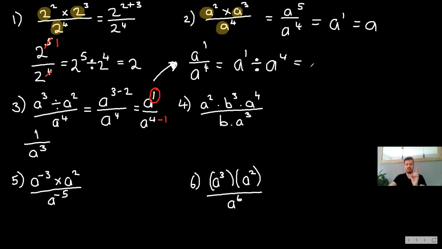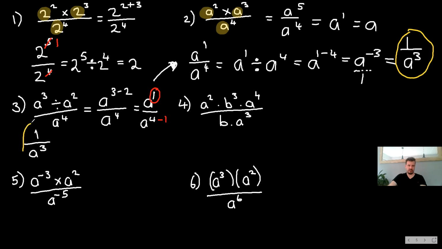And we know from division, we subtract. So we say A to the 1 minus 4, which is A to the minus 3. And we know that because it's negative, we can shift it to the bottom. It's A to the negative 3 over 1. We essentially write it as 1 over A to the 3. So we see we get that same answer a different way. So whichever way you do it is fine, whatever makes sense to you.